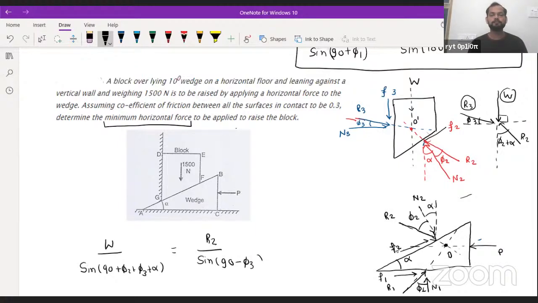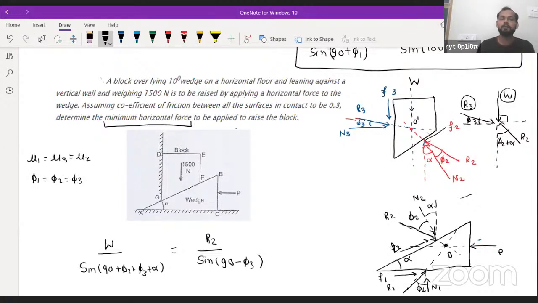Is it okay? Now, what about phi2 and phi3? As you can see here, assuming the coefficient of friction between all the surfaces is 0.3, that means mu1 is equal to mu2 is equal to mu3. That means phi1 will be equal to phi2 will be equal to phi3.